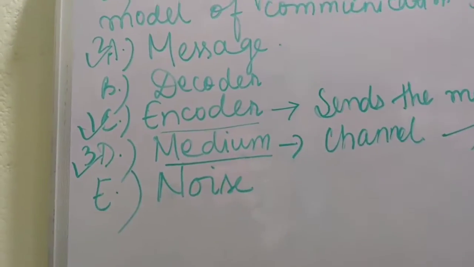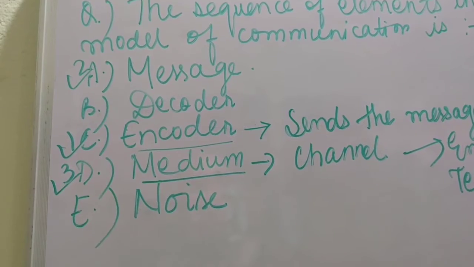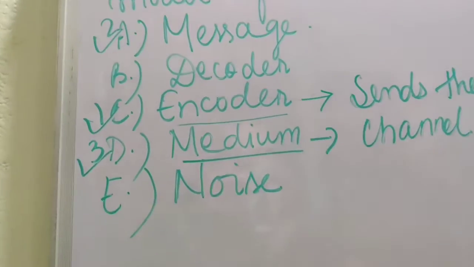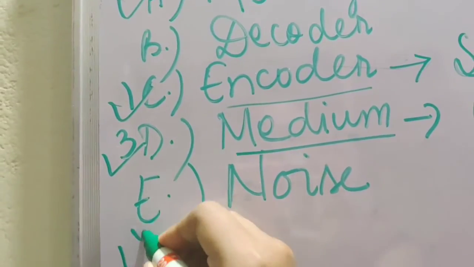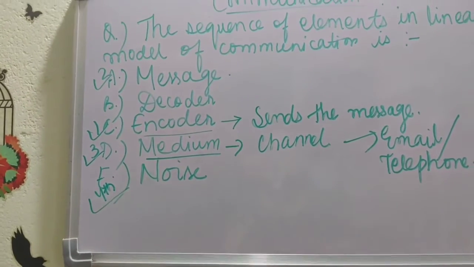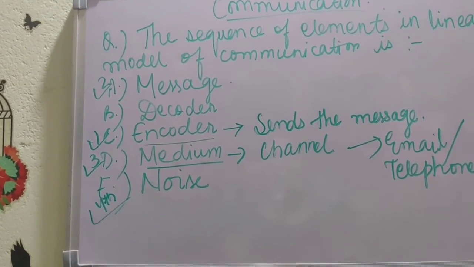Now, the fourth element in the linear model of communication is noise. Now see, what is noise? In a communication process, there will be some amount of noise involved.